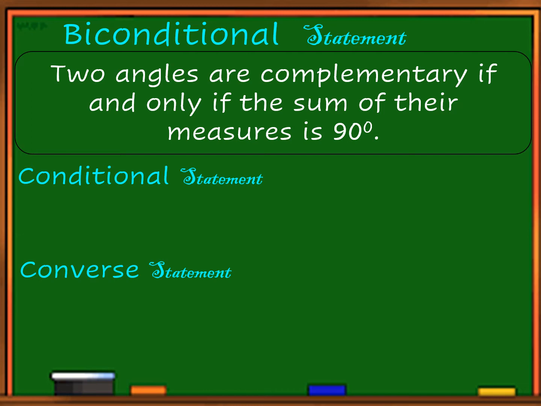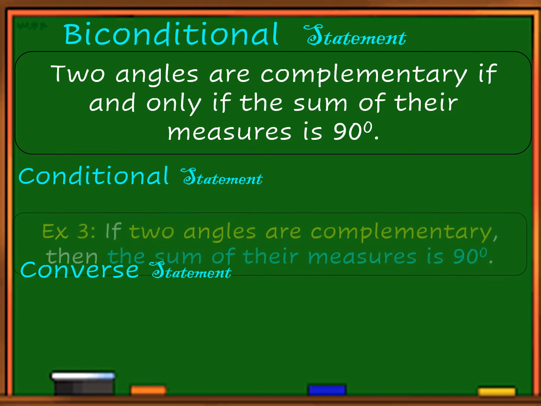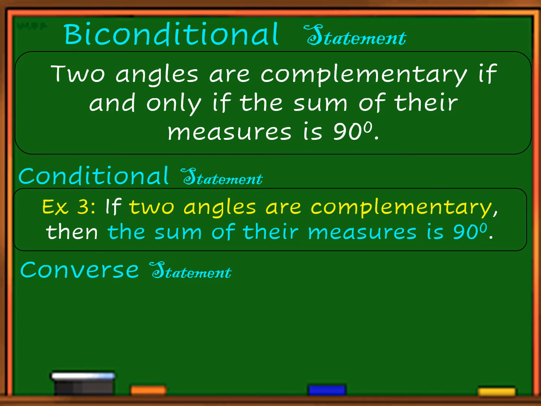Now, what is the conditional statement for this biconditional? The conditional statement is, if two angles are complementary, then the sum of their measures is 90 degrees. Correct.